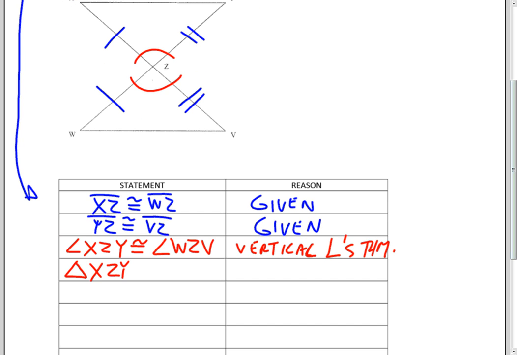No. So we know we'll have another step at some point. But this is the congruency chapter, so we know that we'll be proving triangles congruent. What are you looking at, Dustin? Which choice? SAS.